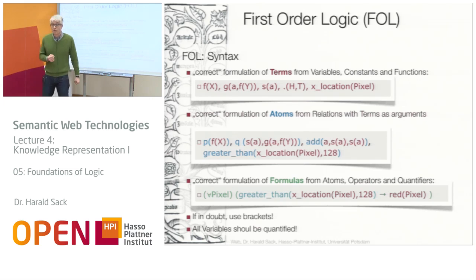So pretty simple, only the terms are a little bit more complex. Overall, if you make statements in a first-order logic, use brackets whenever you are in doubt about the priority. And all variables, of course, should be quantified. So if a variable is not quantified, most times we assume that all of its assignments should be meant by that statement. So if there is no quantifier, it will be interpreted as a universal quantifier.